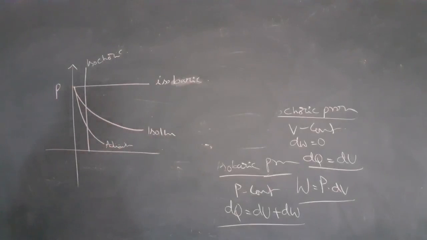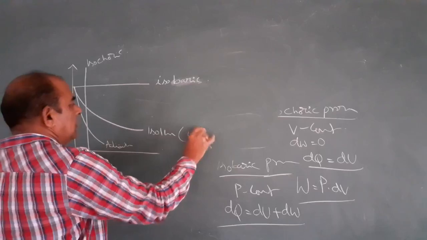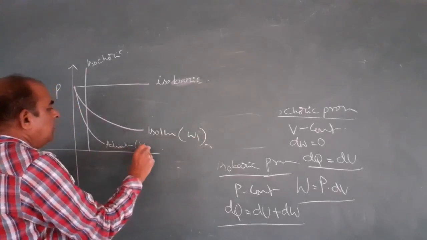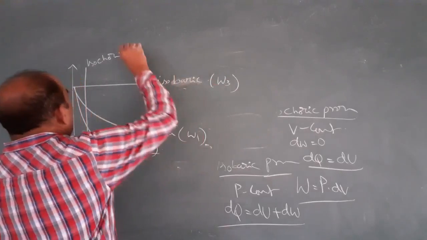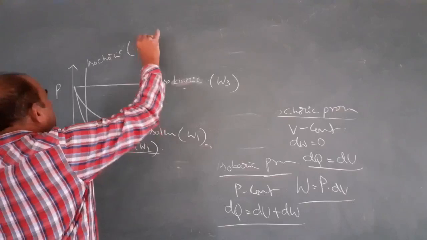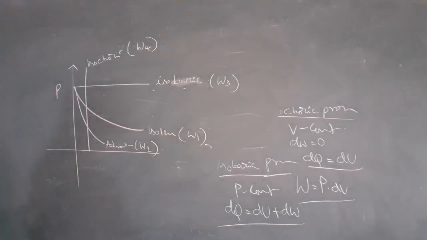Okay. Now work done in the isothermal process is W1, adiabatic process W2, isobaric process W3, isochoric process W4. Arrange them in increasing or decreasing order.